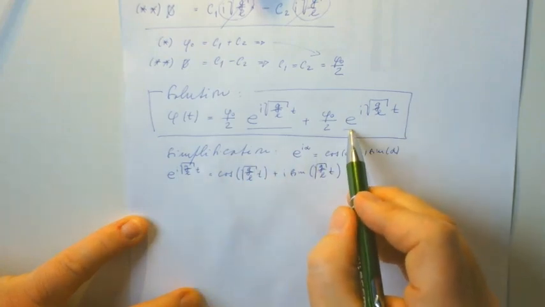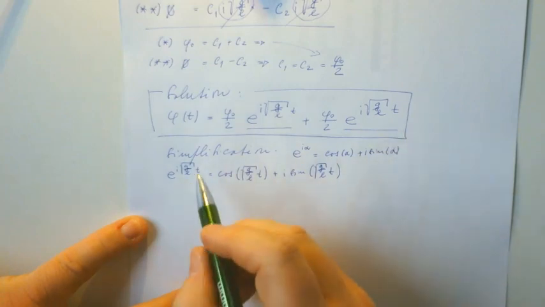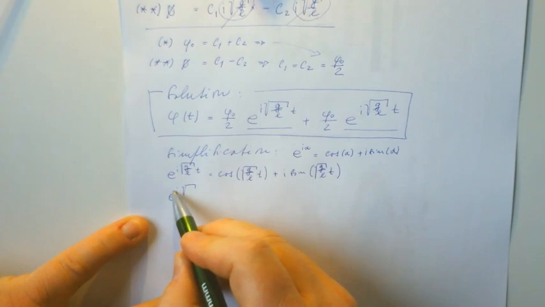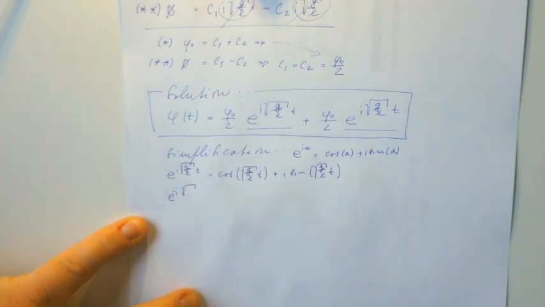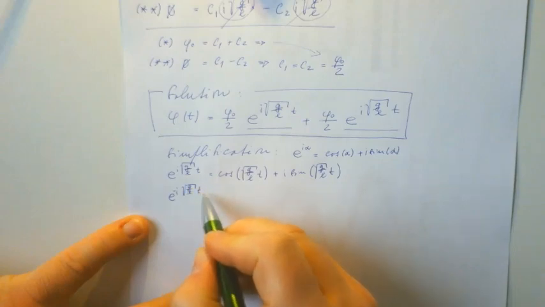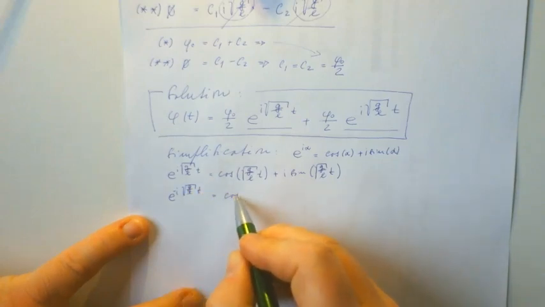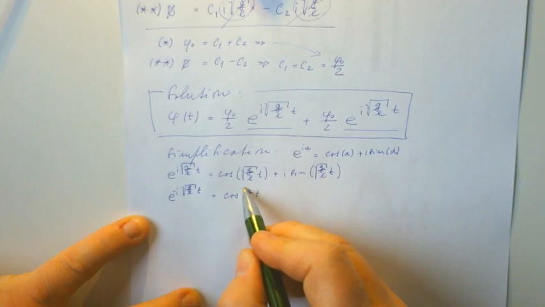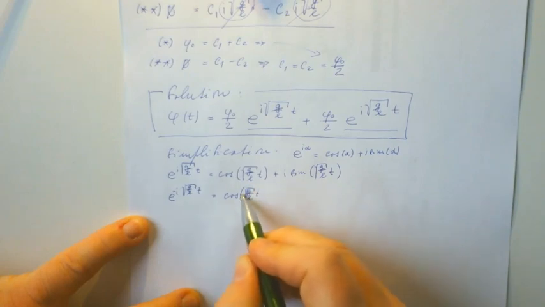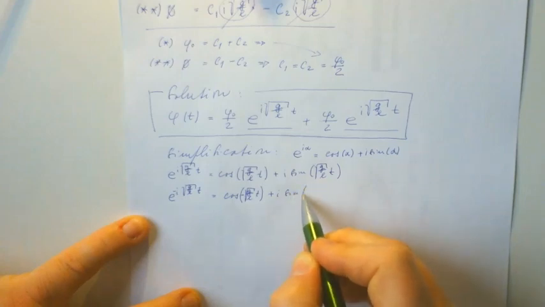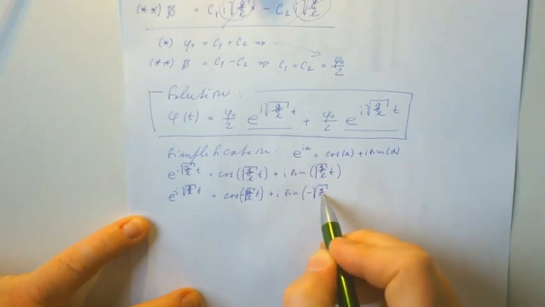And when we rewrite this other term, it is cosine of g over L times time, but there is a minus here, plus i sine of minus g over L times time.